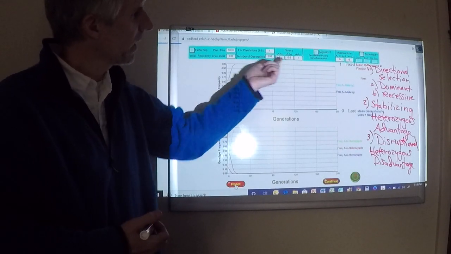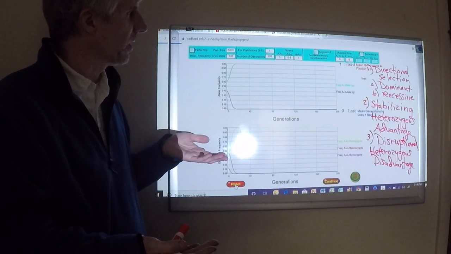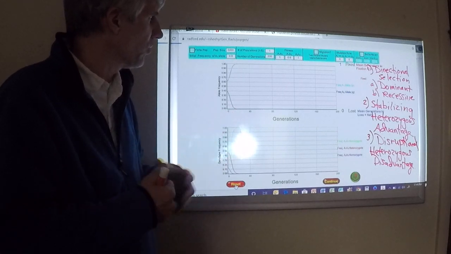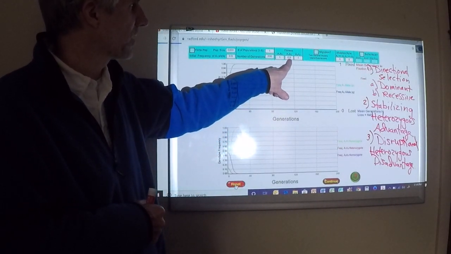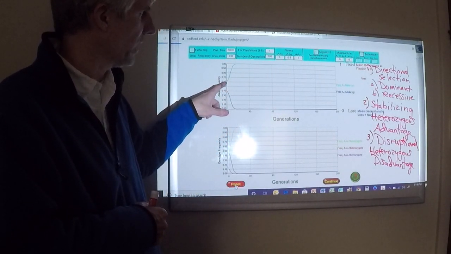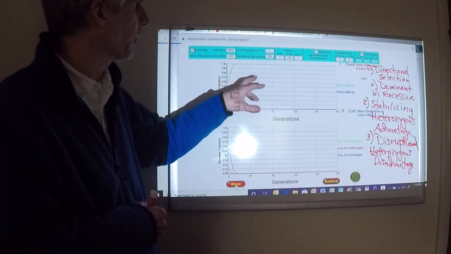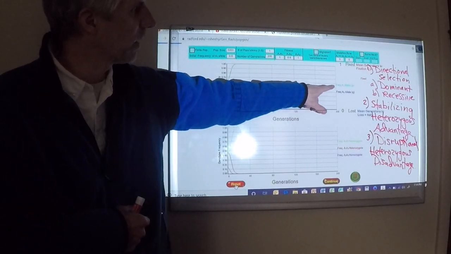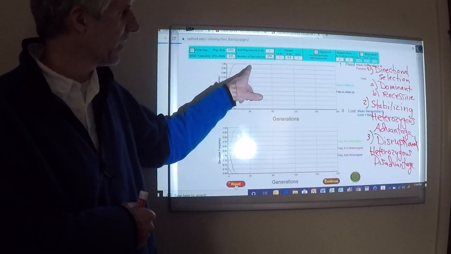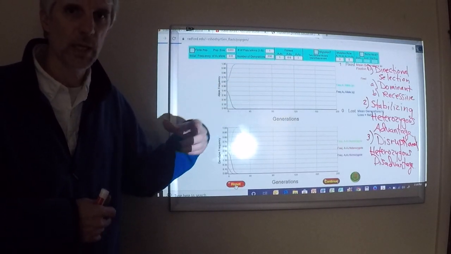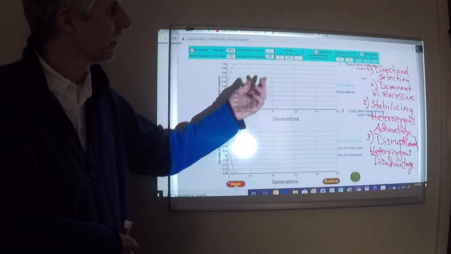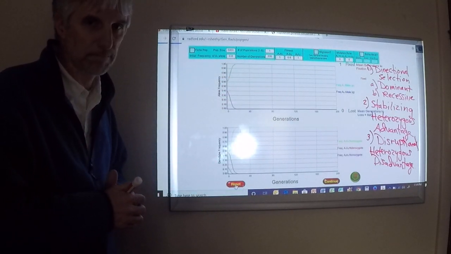So whichever allele is more common in the population, that's the allele that will be selected for. I started out with a higher proportion of the A1 allele, that's the light blue, and it went to fixation because it's the more common allele. Natural selection will run with it.